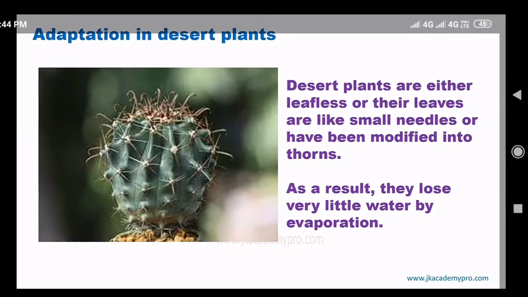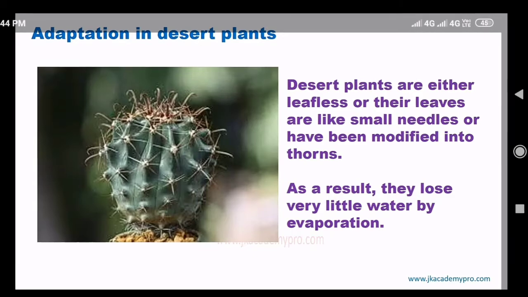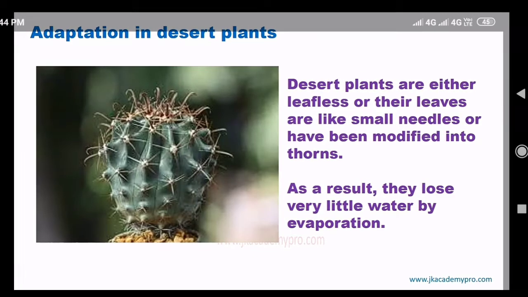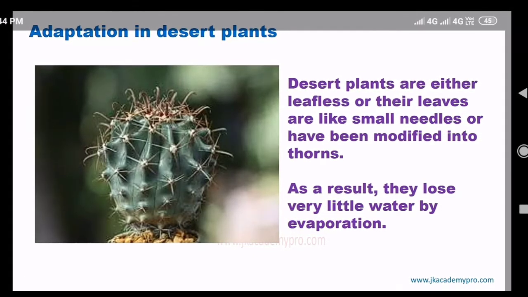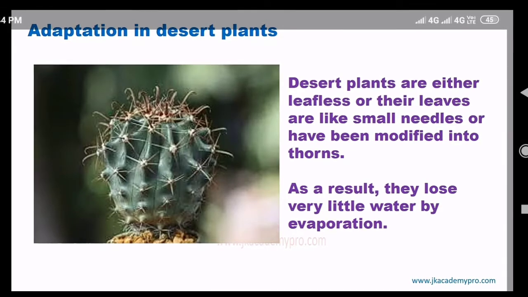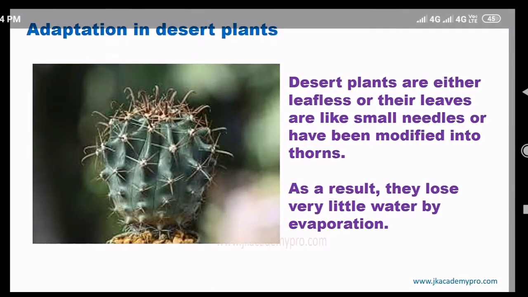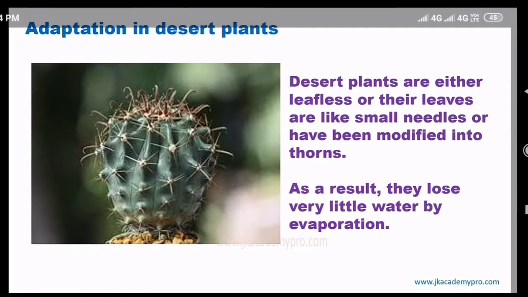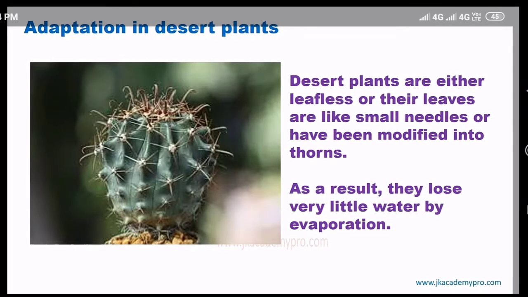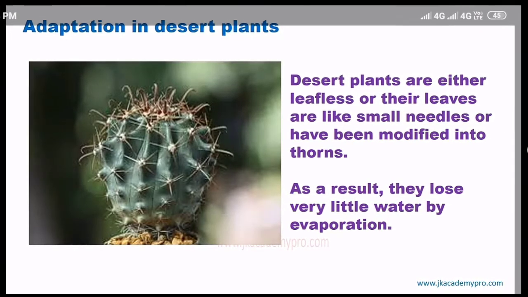This is because in desert there is very little water and therefore stems store water for a very long time.